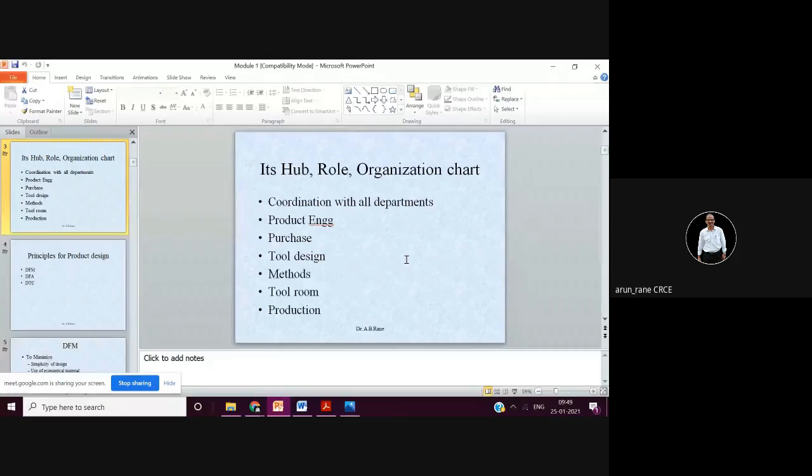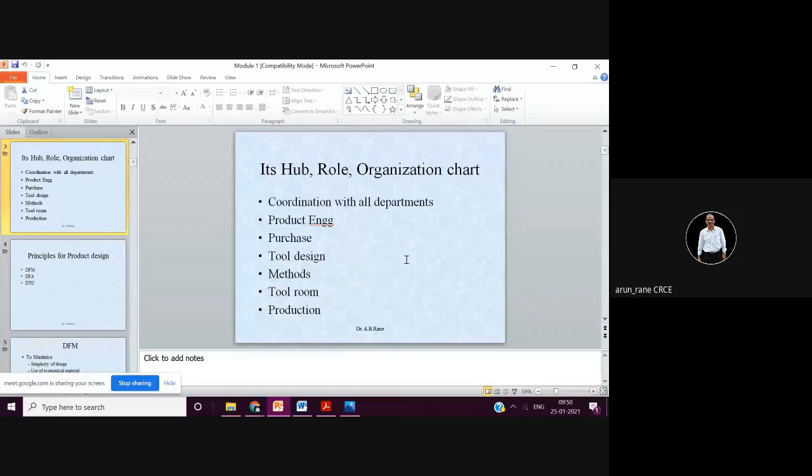Then once the design is ready, the product engineer has to give the drawings. He has to release the engineering drawings. That is what is called the engineering release, to the purchase or to the process engineer. Then the process engineer will procure the material.